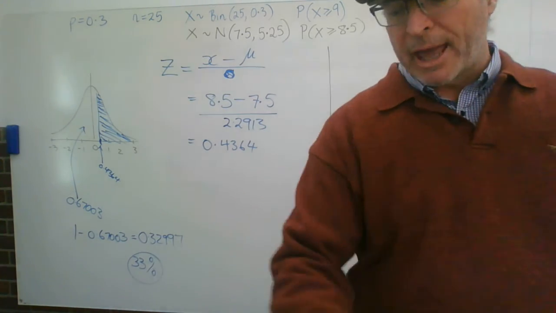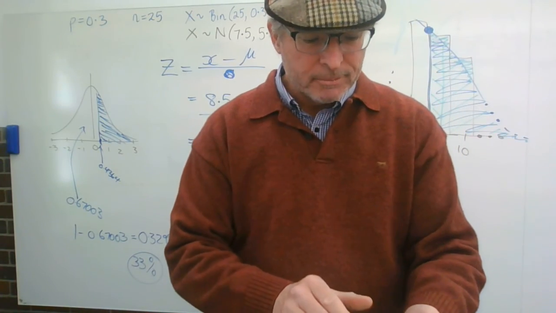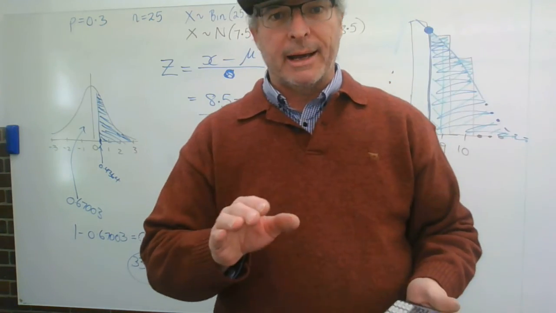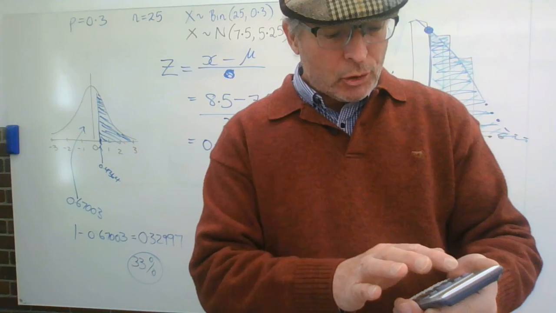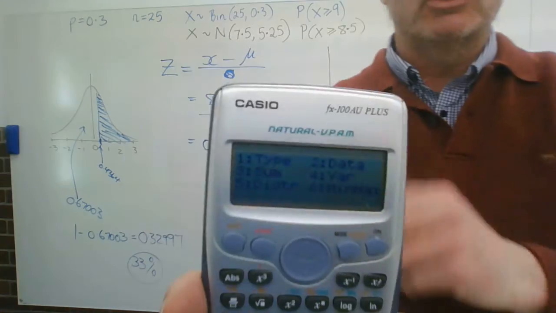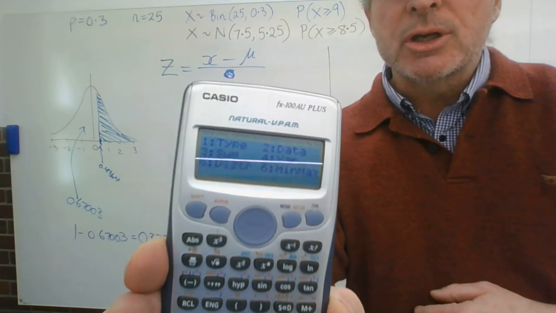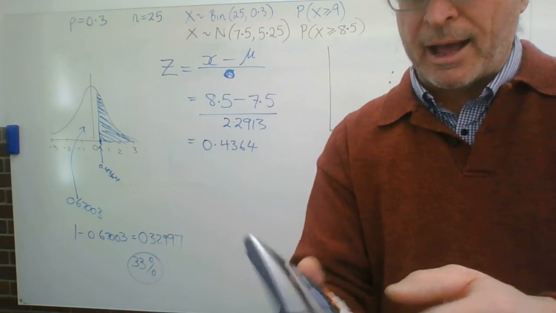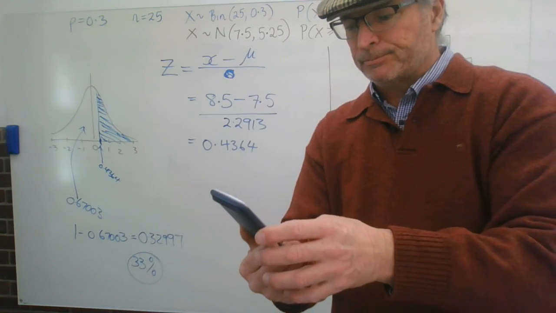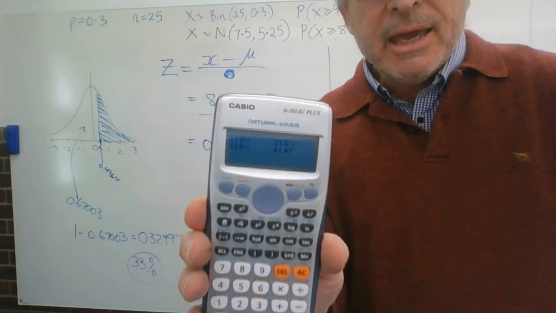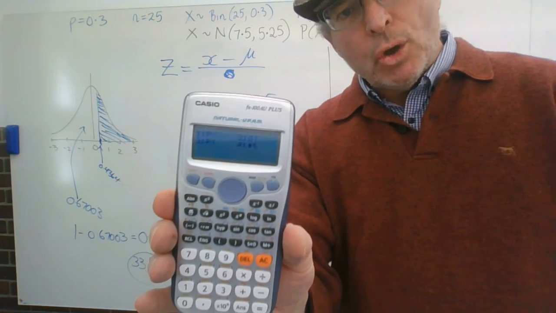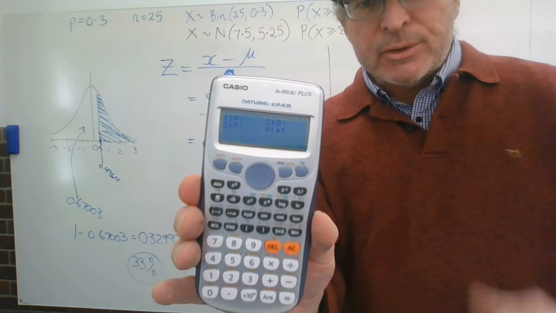Now you can use your calculator to work this out as well. If you have one of these calculators or a Casio 100, you can press Shift and 1, and you need to type in distribution. On this one it's 5 for distribution. P gives you the area from minus infinity up to the number you put in. Q gives you an area between two values.